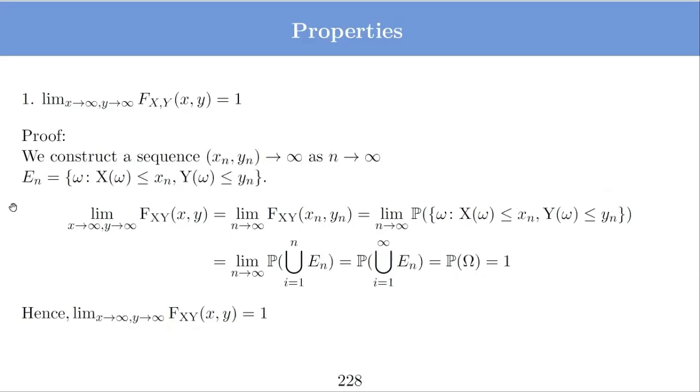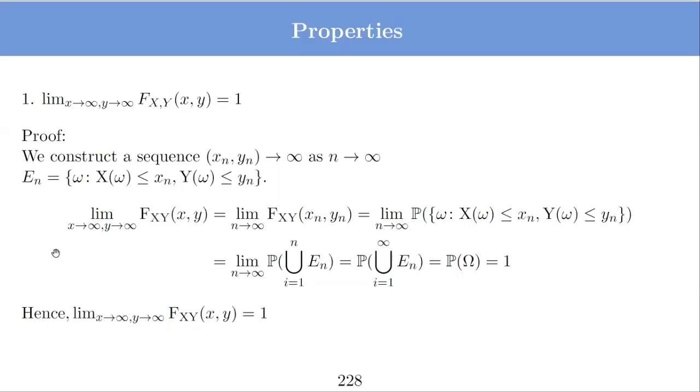Now let's construct En, which is the pre-image of the set (minus infinity, xn) cross (minus infinity, yn). This is the set of all omega such that X(omega) is less than xn and Y(omega) is less than yn. If I take the limit x tends to infinity, y tends to infinity, and look at this CDF, this is nothing but the probability that X is less than x and Y is less than y.